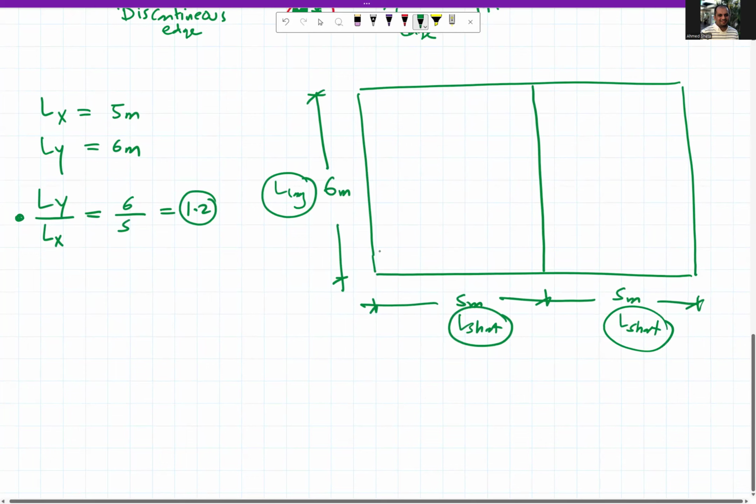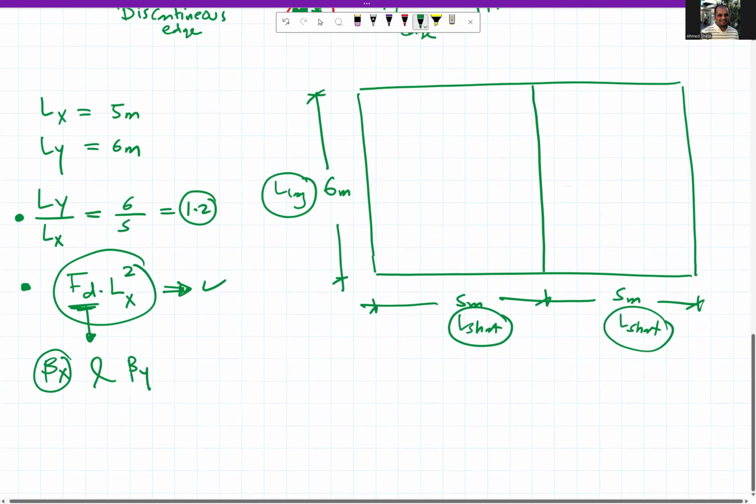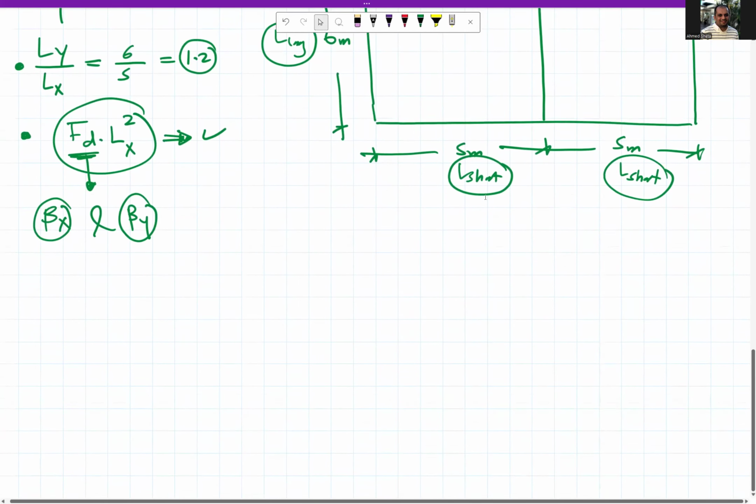Then we need to find the value of Fd times Lx squared. You can calculate this value based on the Fd. Okay, then we need to find beta x and beta y to find the bending moment. So what we will do is name our slabs, for example, A and B, and then create a table.